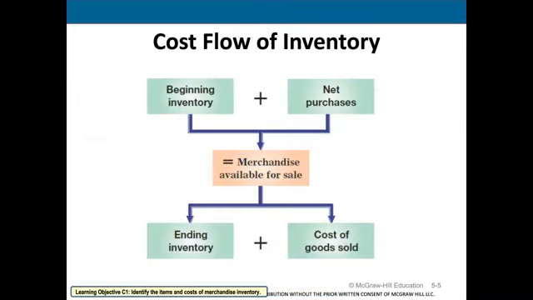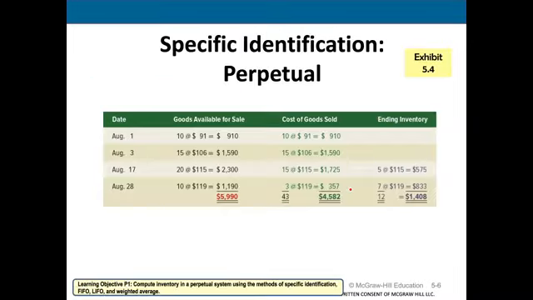Now let's see how we're going to actually calculate it. This is our same facts. Goods available for sale is our beginning inventory plus our net purchases. Our August 1st beginning inventory is $910.